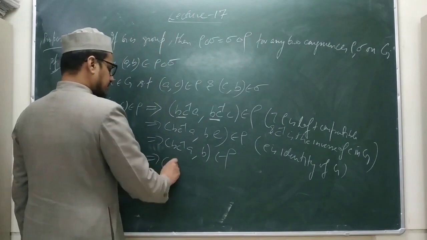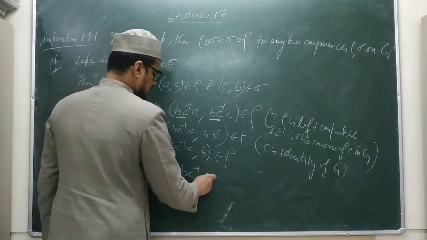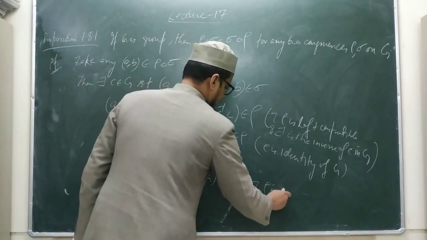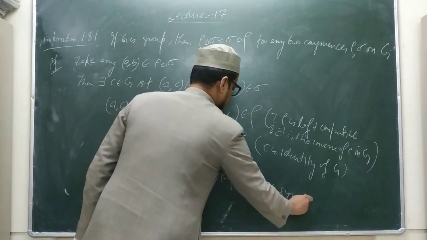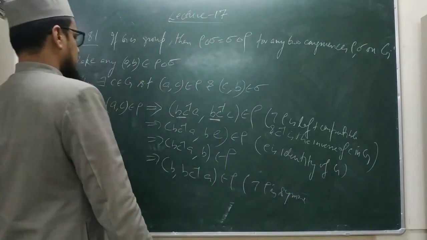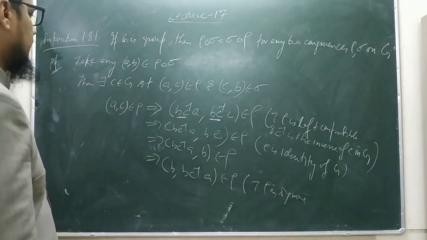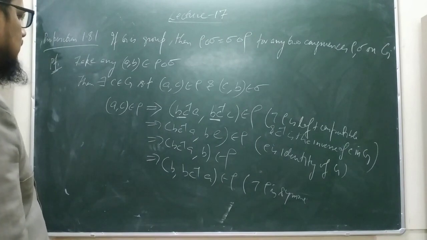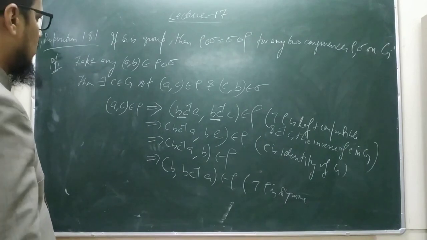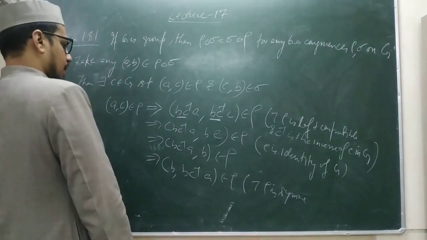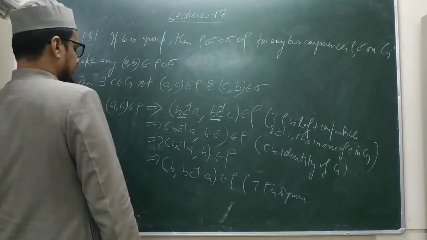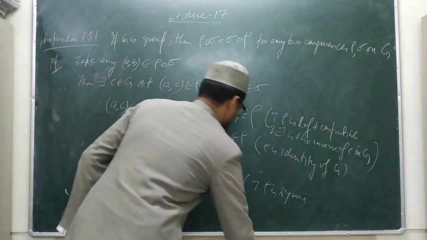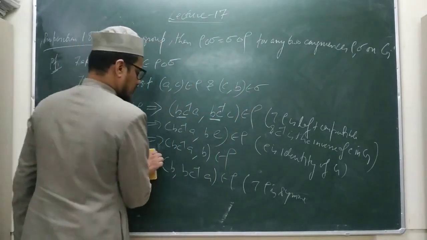It implies that (B, BC inverse A) belongs to rho, since rho is symmetric. So we have (BC inverse A, B) belongs to rho, correct? This we have.